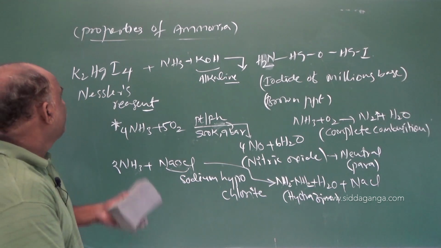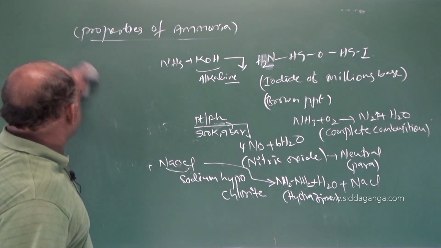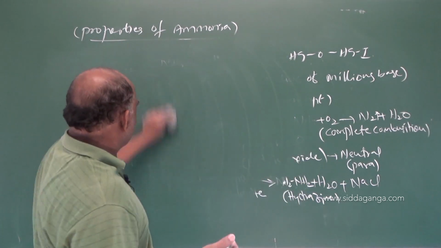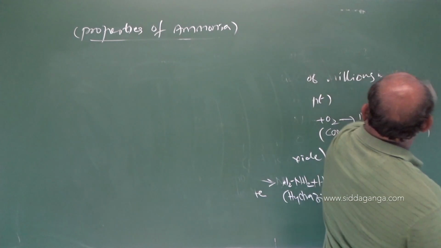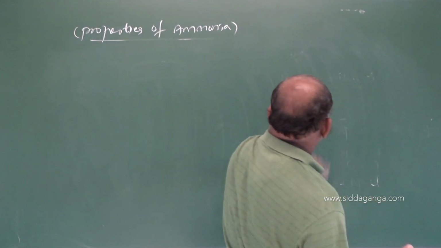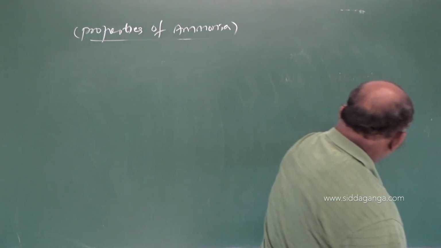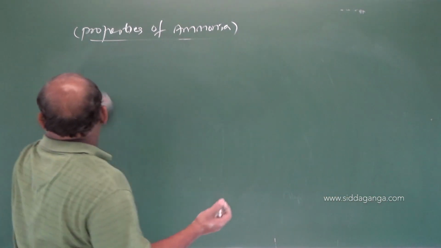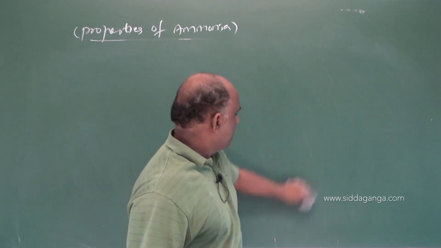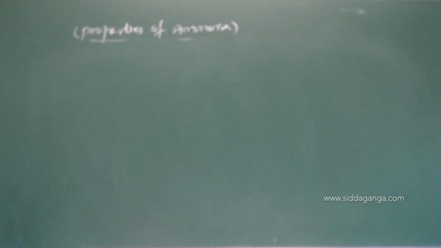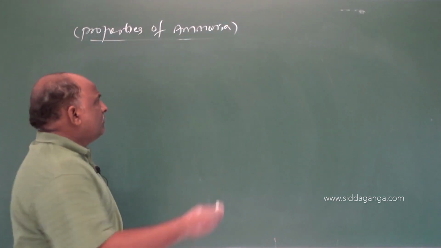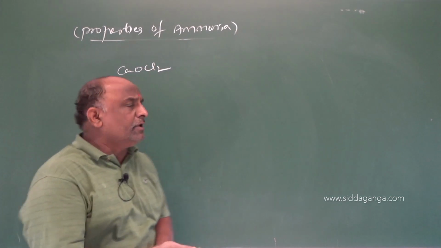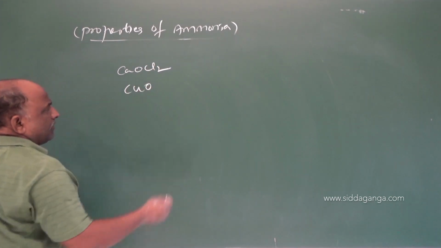Suppose this is CaOCl2, called bleaching powder, and CuO, copper(II) oxide.